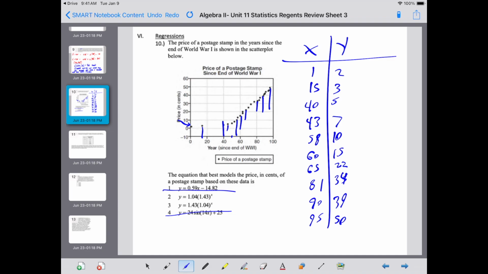Now you're going to go to stat, calc, ExpReg, and you get y equals 1.65 times 1.03. The one that's closest to would be 3.